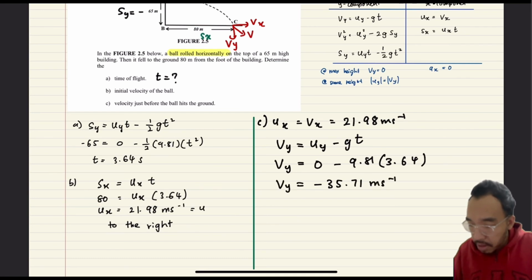Alright, now you do have Vx and Vy. You can calculate V using Vx square plus Vy square, then get the square root of this. So here I got 21.98.